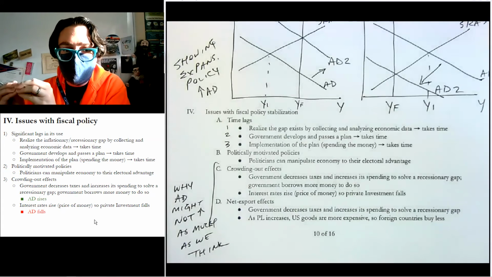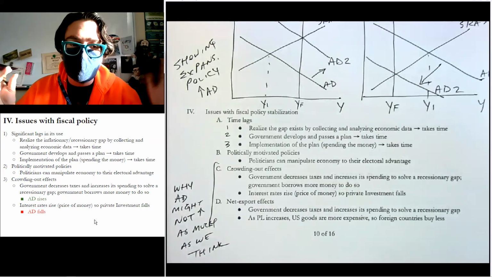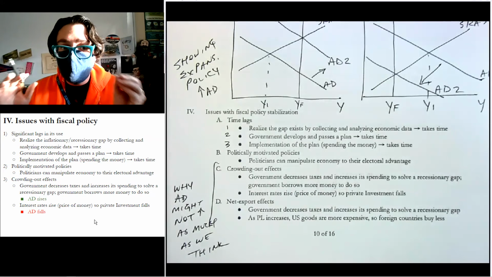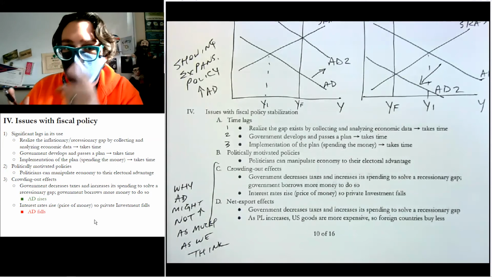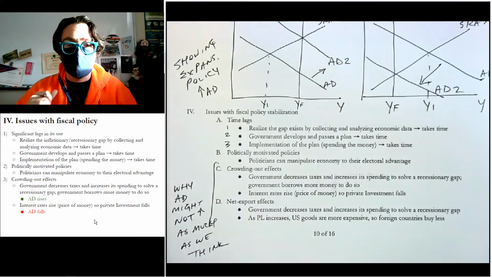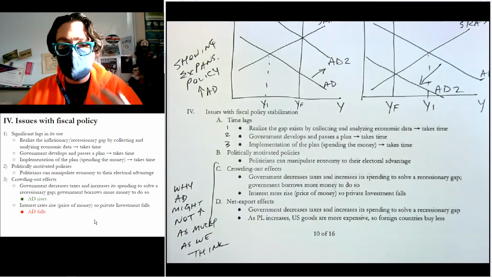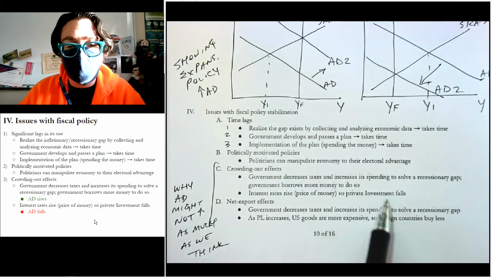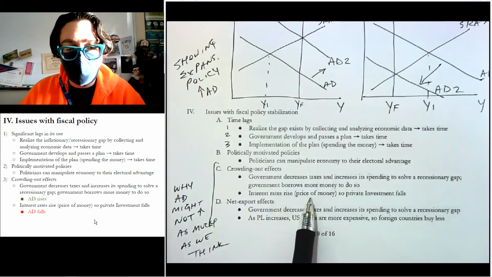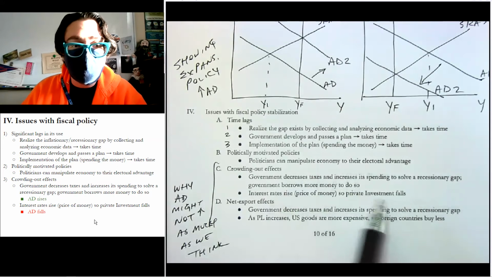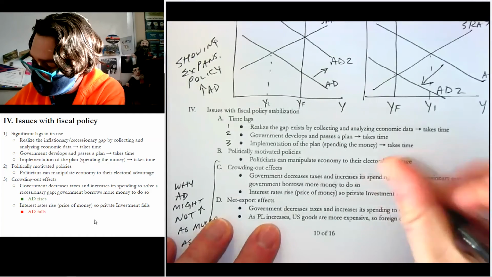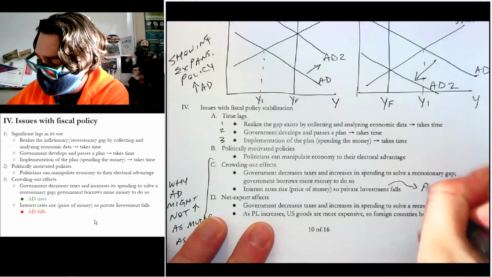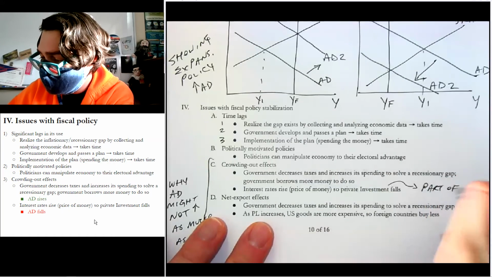Now, sometimes there's plenty of crab legs, and it doesn't matter. But in certain circumstances, when there aren't very many crab legs, the government takes them all, and it causes other people to not be able to borrow as much because interest rates are going to rise, and so private investment will fall. And we know that this is part of aggregate demand.